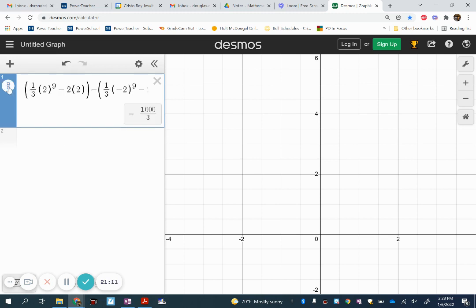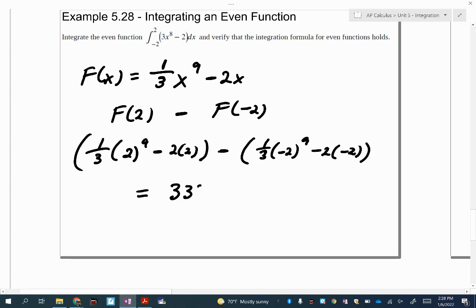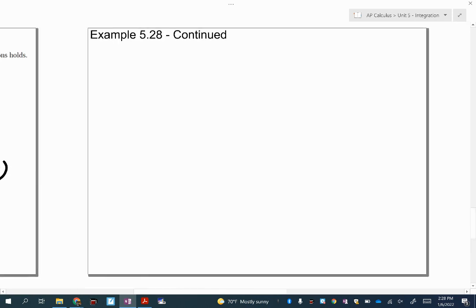Okay, you could write this as a fraction if you wanted to, 1,000 over 3, or you can write this as a decimal, 333.3 repeating.